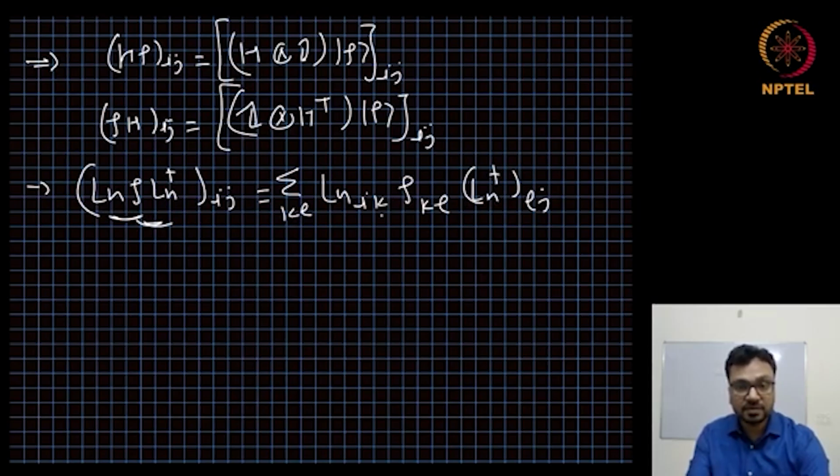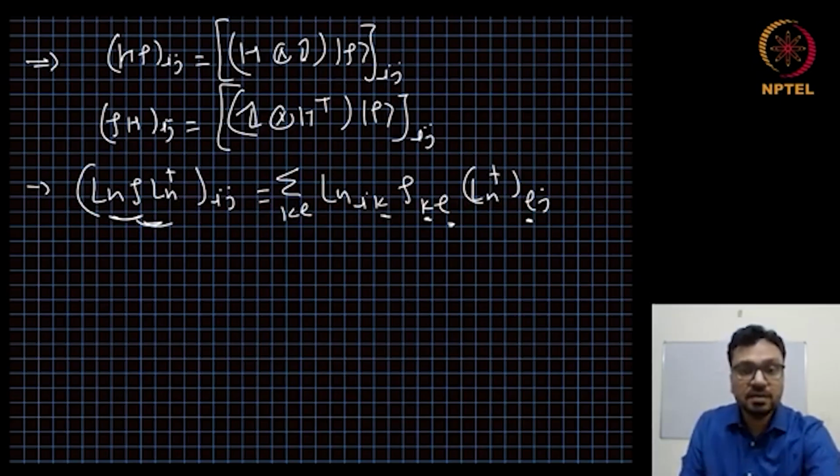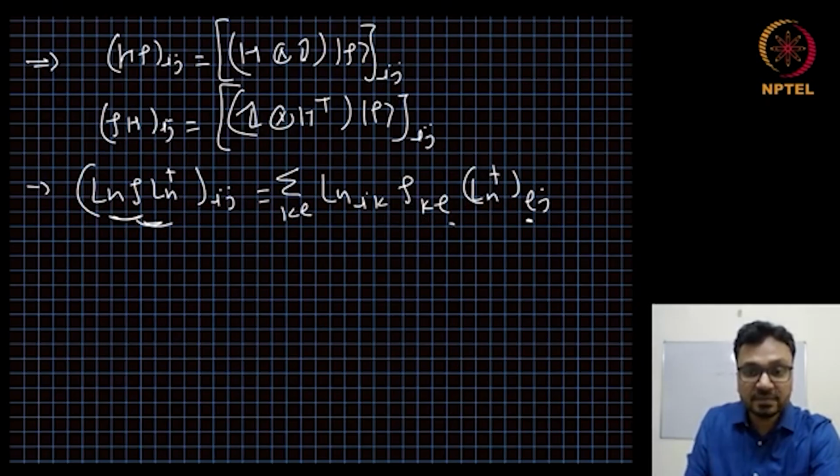You see the second index and the first index match and summation over that is there. So if we just sum over k, we get the product of Ln and rho, the ilth element of that. And then the product of Ln and rho will be multiplied with Ln dagger. So the second index of the product matches with the first index of the next matrix, and we take sum over that. So we are left with the i and j element.